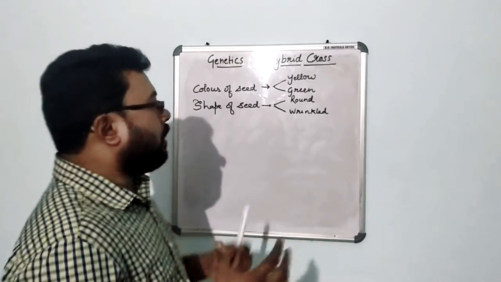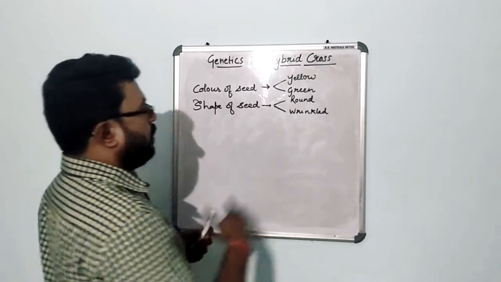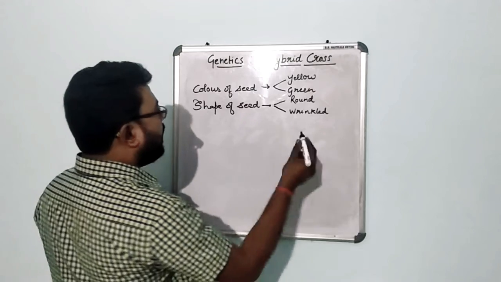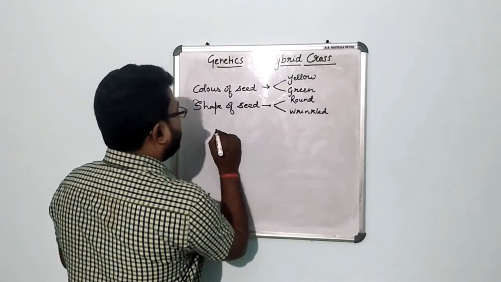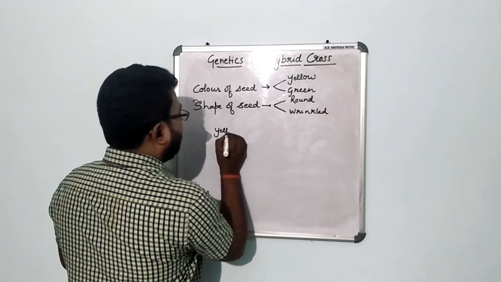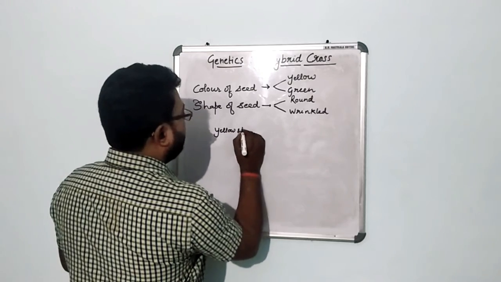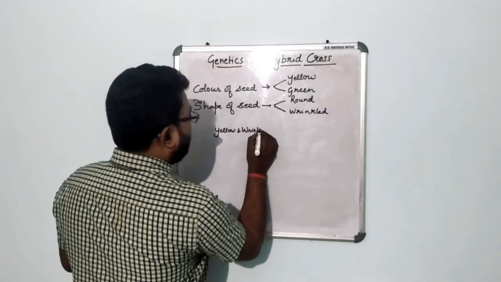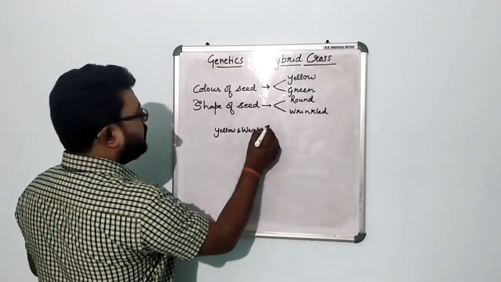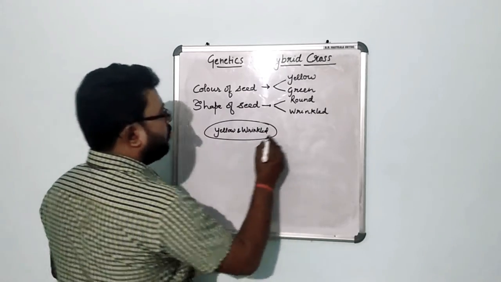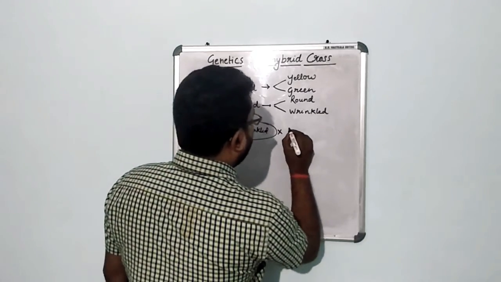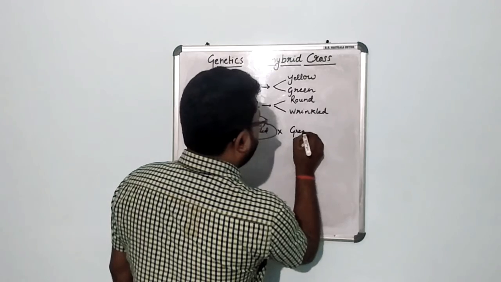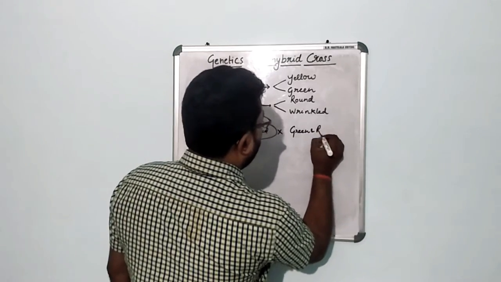Now what Mendel did was, he took seeds which were yellow and wrinkled. So when the color was considered, it was yellow and the shape was wrinkled, and he crossed it with seeds which were green and round.